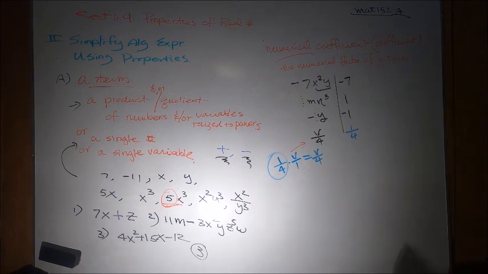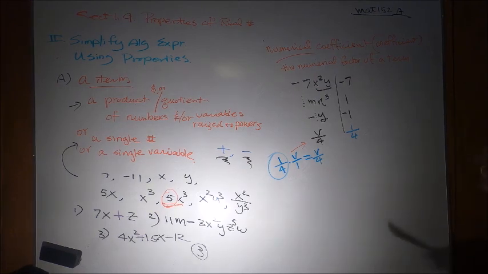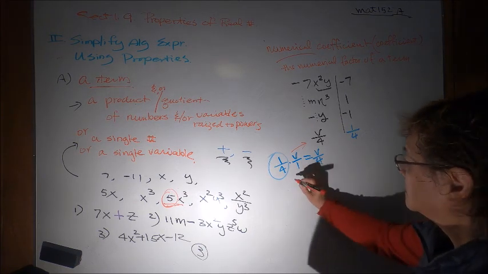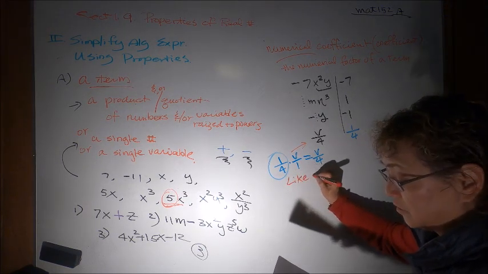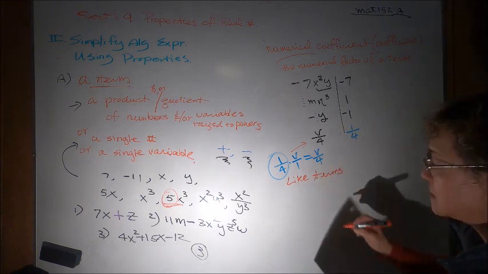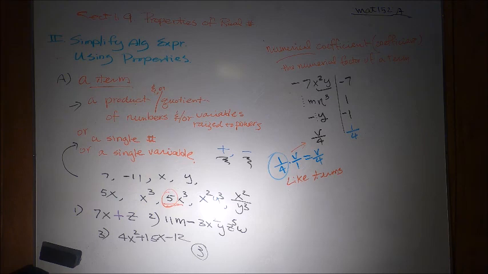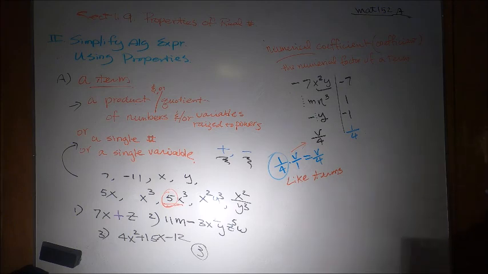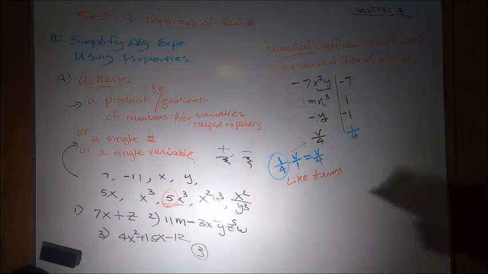Another thing, before we do algebra, and we are going to introduce something called like terms. You will hear it all the time. Like terms. What are they? What do you think? Like terms means what? They must be what?